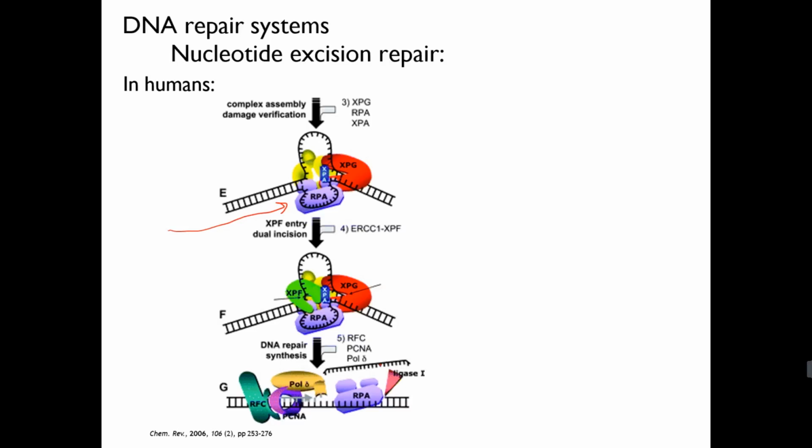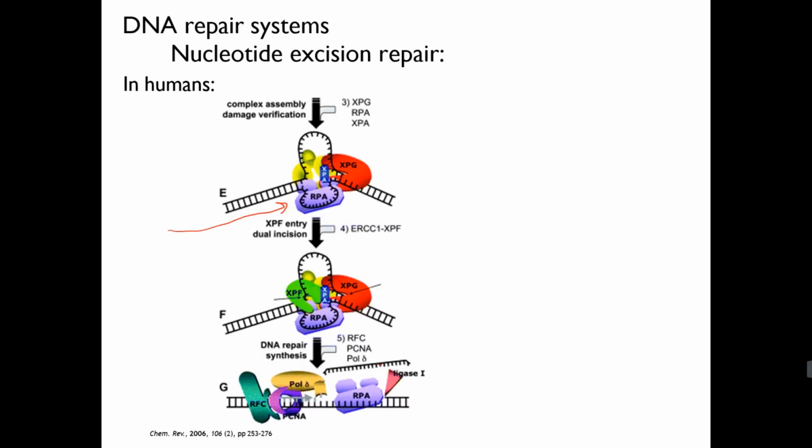Remember, cells hate single-stranded DNA. They don't like it to be around. So once that unwinding has occurred, in addition to the protection of the undamaged strand, because we already have the damage and we don't want to make more, it's coated by RPA.